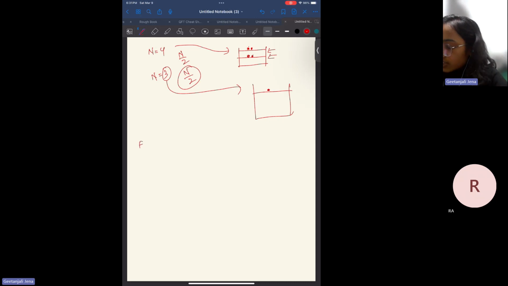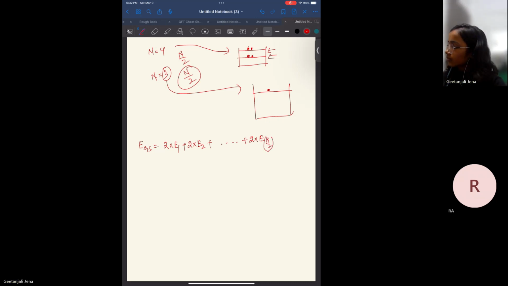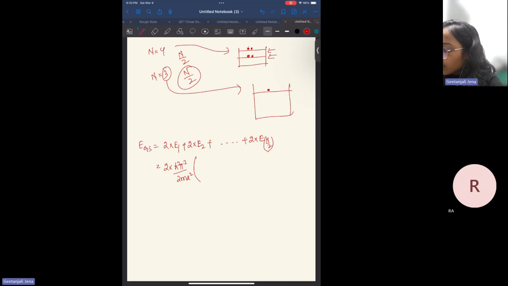So that means the ground state energy for this composite system, you can write as 2 into E1 plus 2 into E2 plus 2 into E n by 2. Now you just have to put the expression for the energy level, which is h square pi square by 2m L square, times n square.